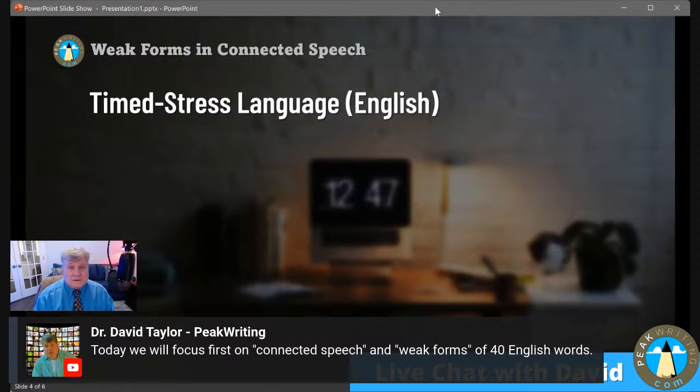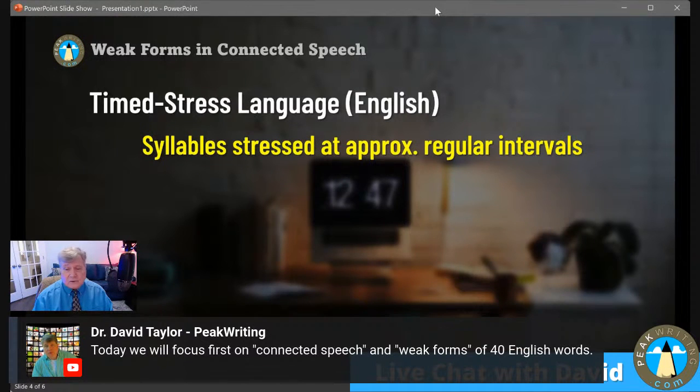A lot of it is thought to be due to the fact that English is a timed stress language. What the heck is a timed stress language? In a timed stress language, syllables are accented at approximately regular intervals.